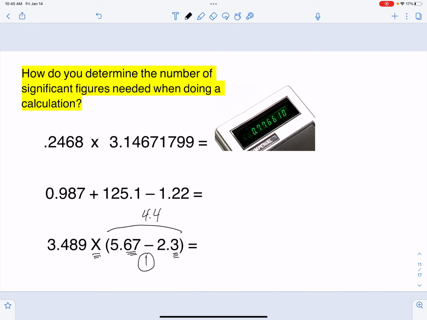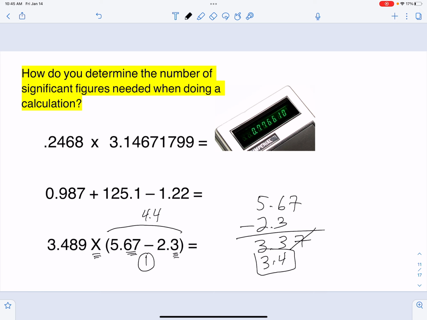Let me do it, make sure I can see it. 5.67 minus 2.3 is going to be 3.37, but we're going to leave it at 1 decimal place. So this is going to be 3.4. So the number that's going to come out is going to be 3.4.